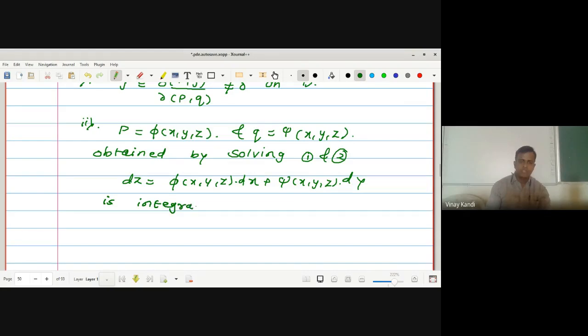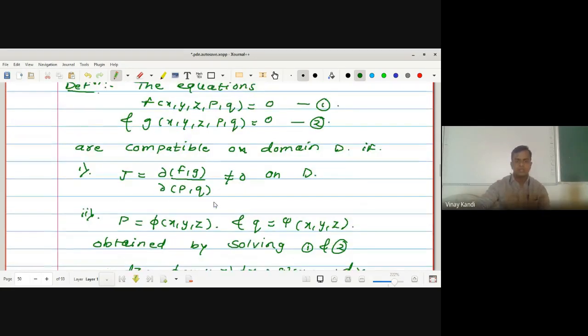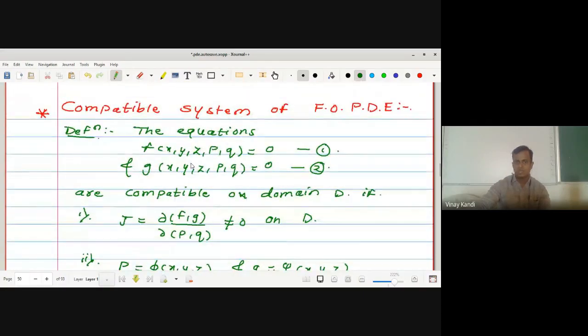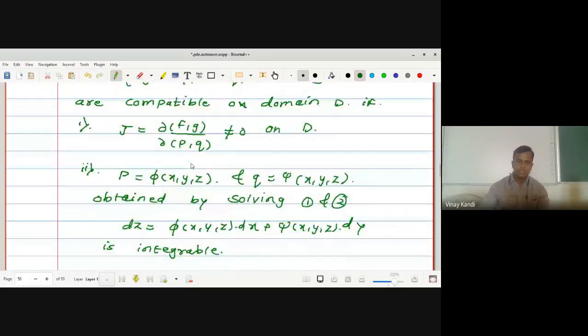Okay, if these two conditions hold, then we say that the two equations f and g, the first order partial differential equations, are a compatible system. Let us call this equation number 3, these two.